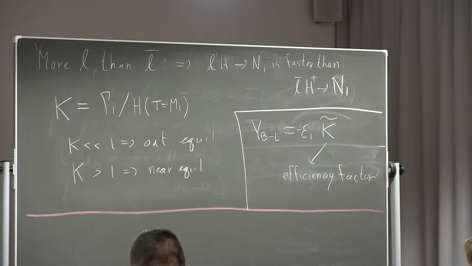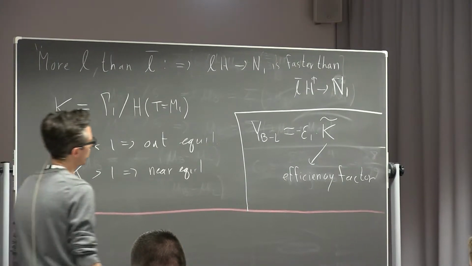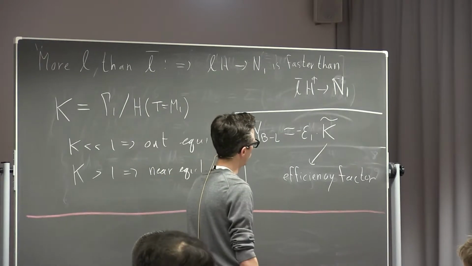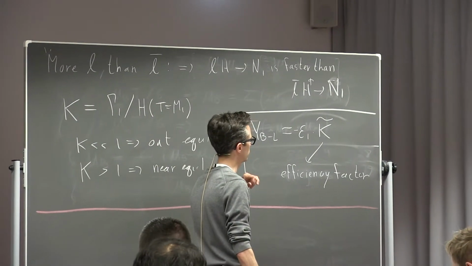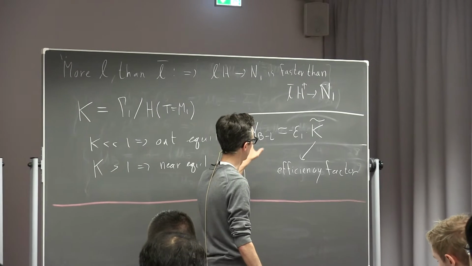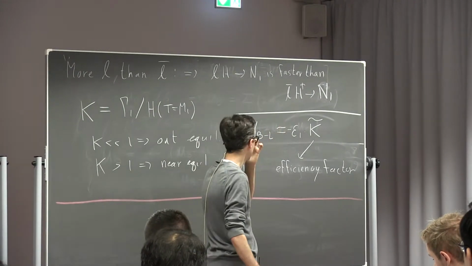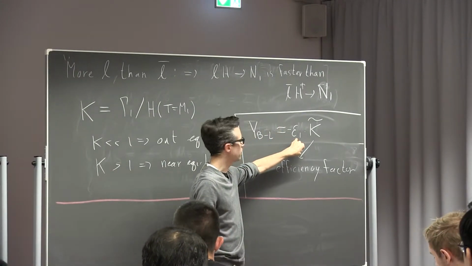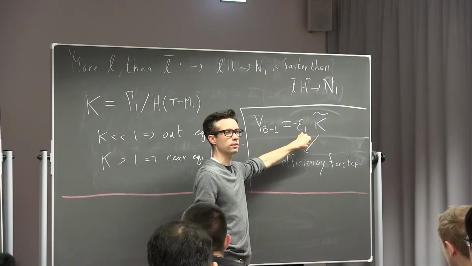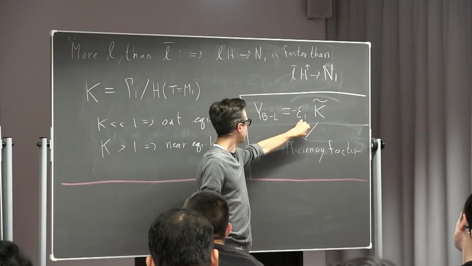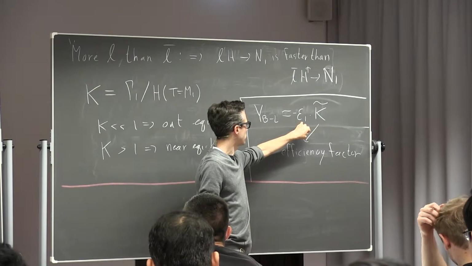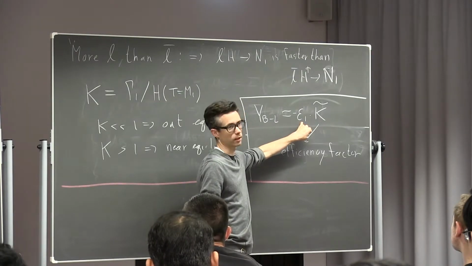I have some more stuff in my written notes about this, but the whole story of leptogenesis and the Sakharov conditions are encapsulated in this final result. This epsilon 1 tells you that you need C and CP violation to make these leptons. You also need lepton violation to get a non-zero value.